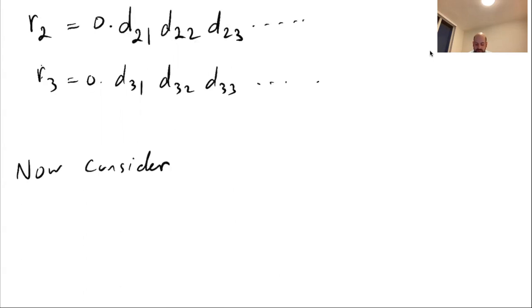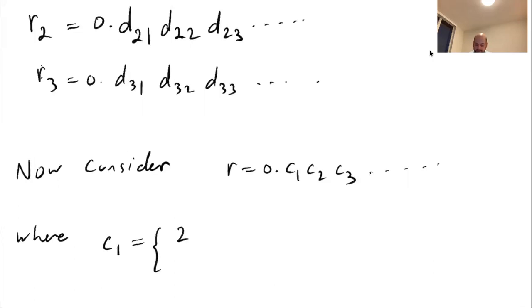let's say R equals 0.C1, C2, C3, and so on, where now how can I define these Ci's? C1 is equal to, okay, this is a little bit tricky, 2 if D11 is not equal to 2, and 3 if D11 equals 2.